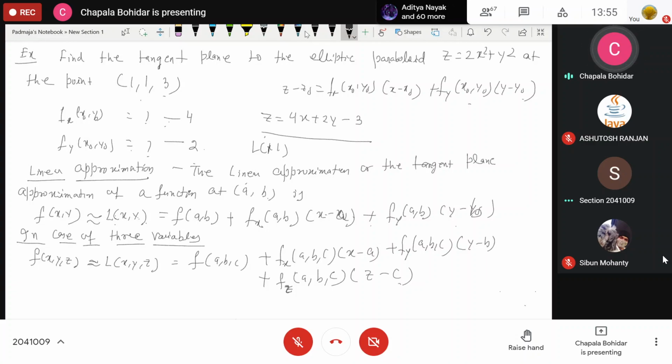Combining all this, z is equal to 4 plus 2 minus 3, so we are getting 3. And the function of xy at 1, 1 is also 3. So function of xy is approximately equal to L of xy, for the last example.